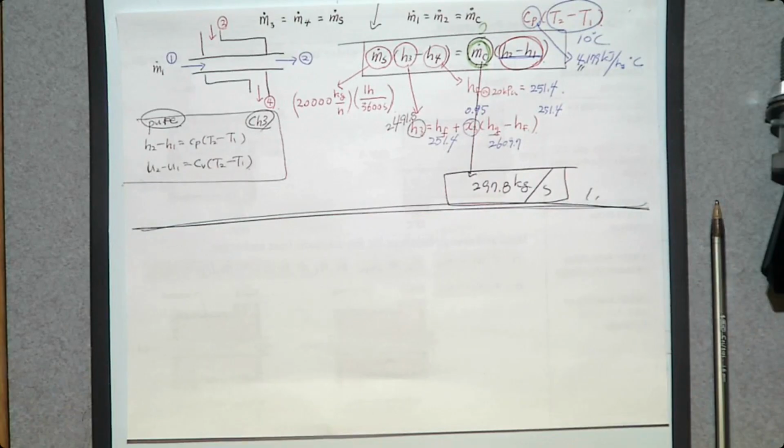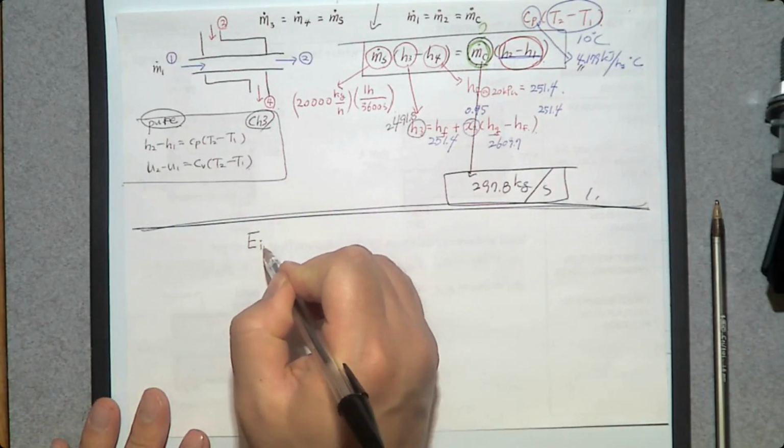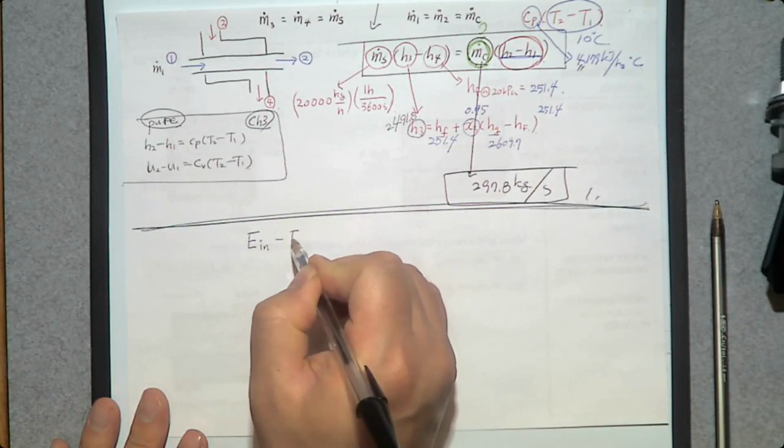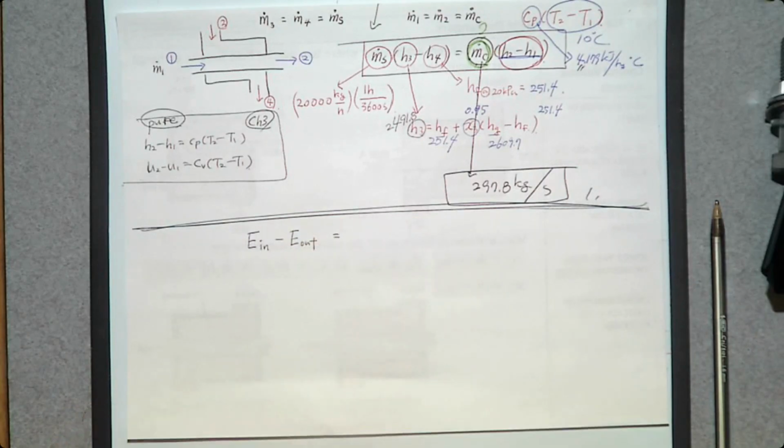We need to start with the first equation that we studied from day one, the conservation of energy principle. What is the conservation of energy principle? Energy transfer into our system minus energy transfer out of our system should be the same as the change of energy of a system. How do we determine the change of energy of a system?